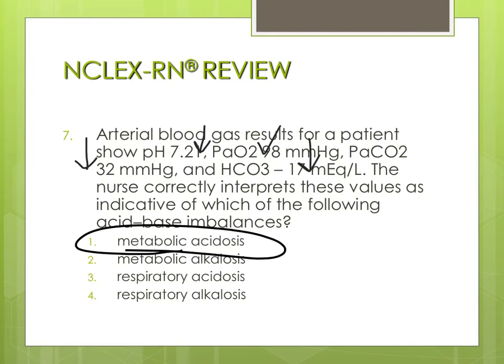Respiratory opposite: my pH and my PCO2 are not opposite. Metabolic equal: my pH and my bicarb are going in the same direction. So I have acidosis and my primary disturbance is metabolic.